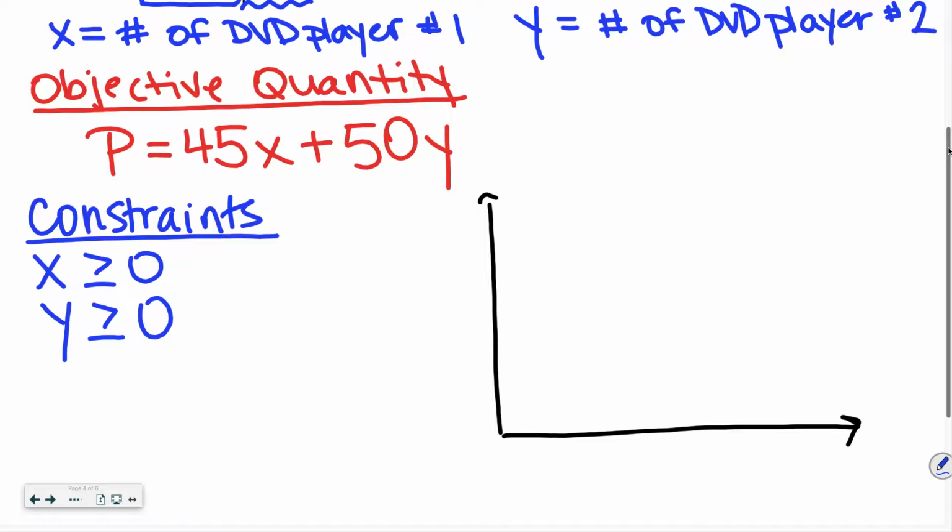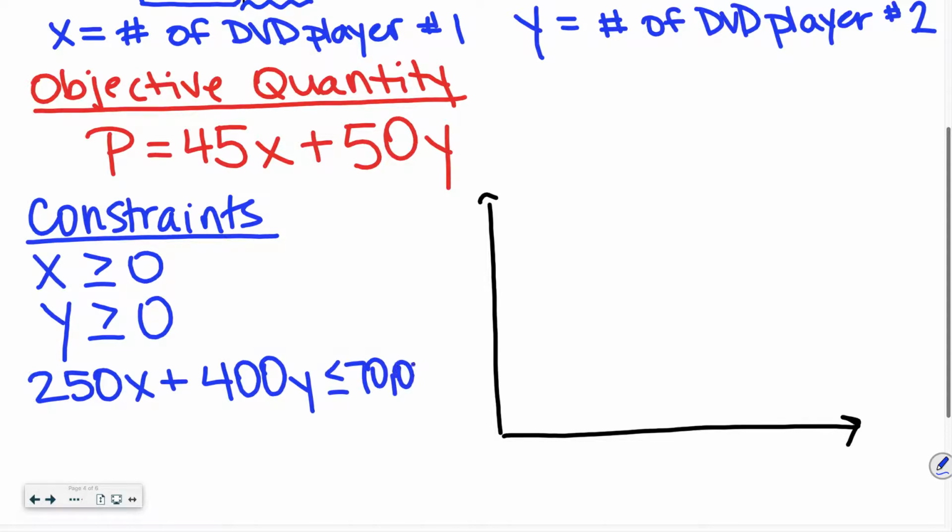Okay, what is that total amount? $70,000. So when we take $250 times X plus 400 times Y, they don't want to stock more than $70,000. So we want to make sure that when we take the number times the price, we are under $70,000.